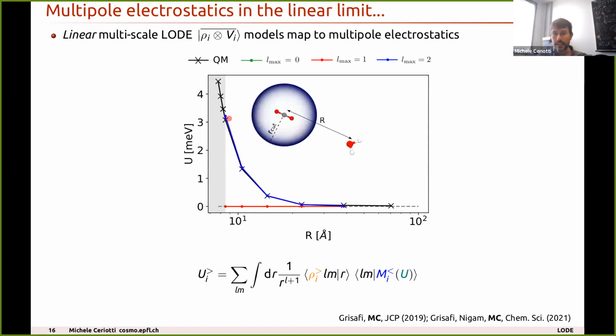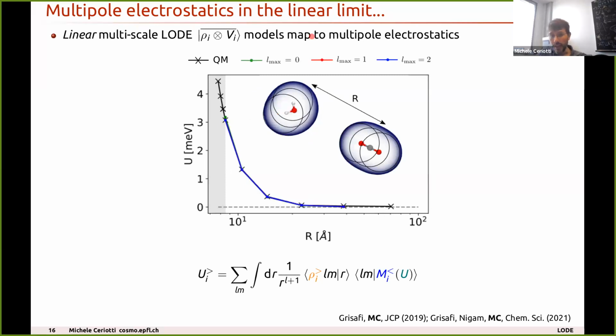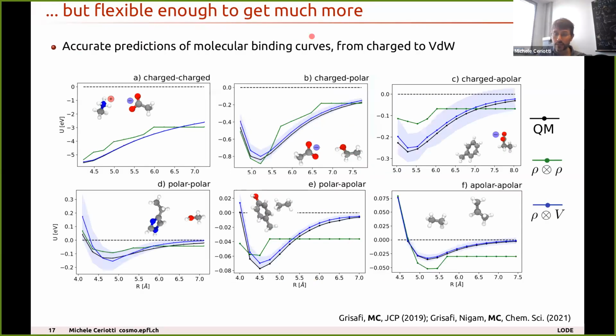This implies that you have to retain different angular momentum channels to capture these different electrostatic terms. And what is very nice is that when you build a machine learning model on top of this, you still have enough flexibility to also describe different types of interactions.